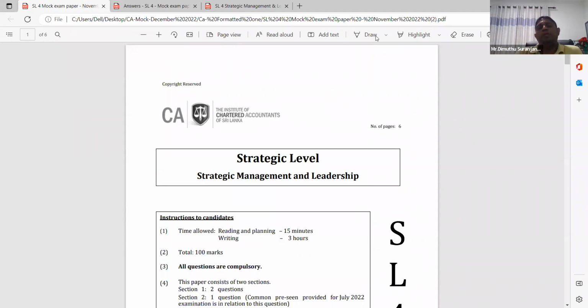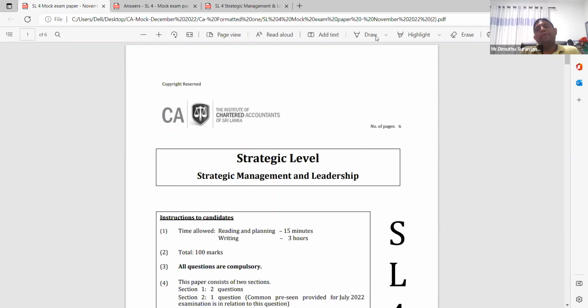Normally, the paper consists of two main sections, section 1 and section 2. Section 1 includes 2 questions, and each question carries 25 marks. Section 2 includes 1 question. It is based on a pre-seen.